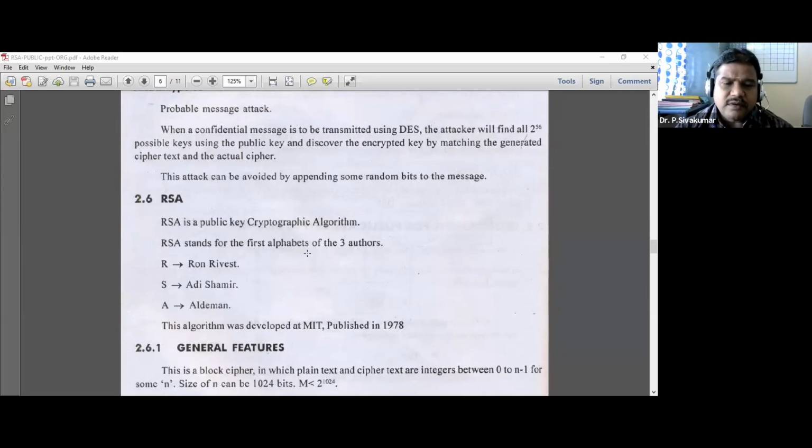It is the first letters of the developers' names: Rivest, Shamir, and Adleman. It was developed at MIT in the USA. They developed the algorithm in 1977 and published it in 1978.